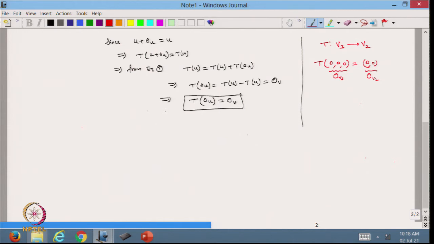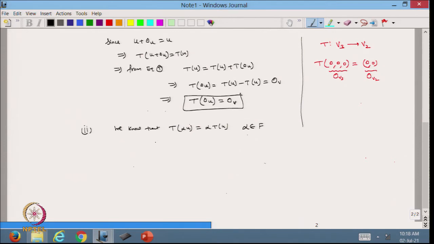Now the second one: we want to prove T of minus U equals minus T of U. Let us take T of alpha U, which is alpha T of U, where alpha comes from the field.